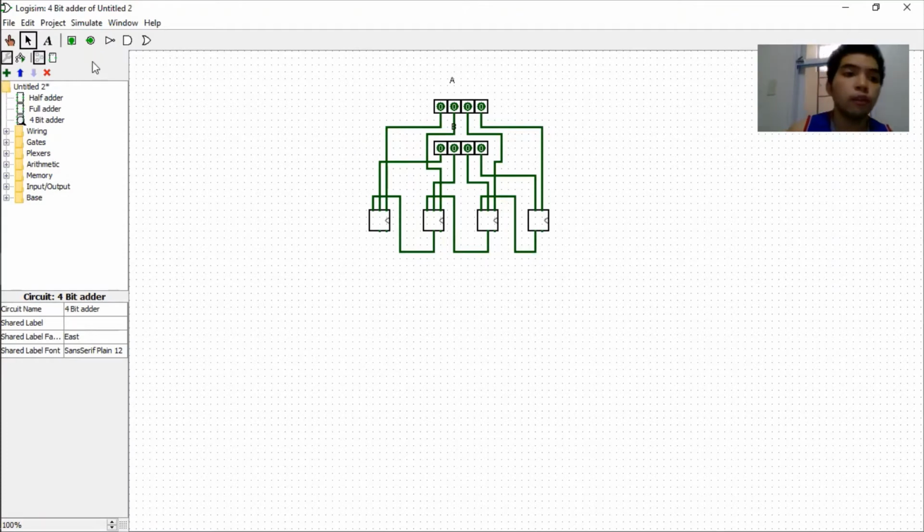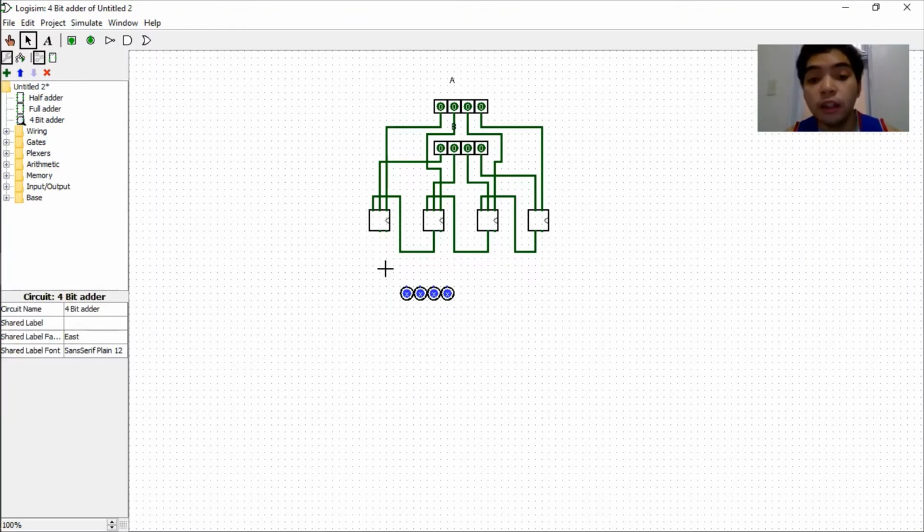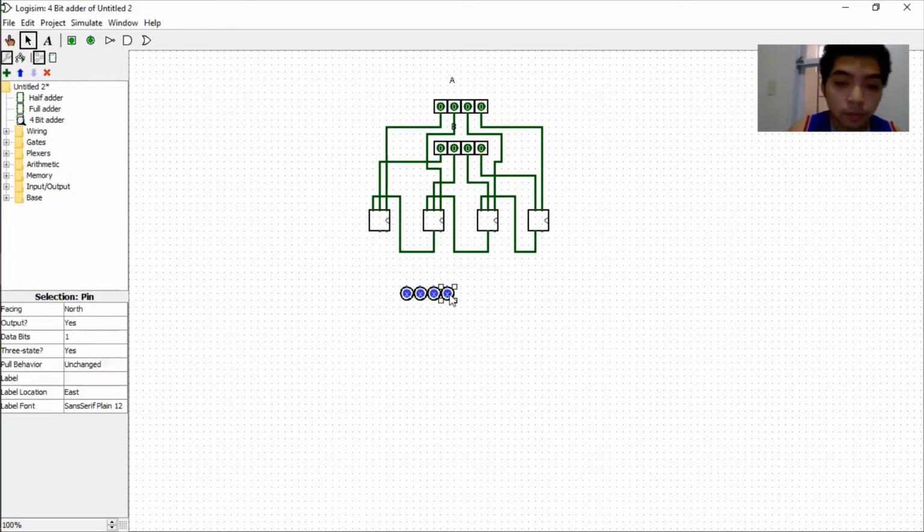We can now have the outputs. For the output, we're going to make 5 bits, since we can expect some carry if we try to add binary. There is always an excess of 1 bit so that it can indicate if there is a carry.